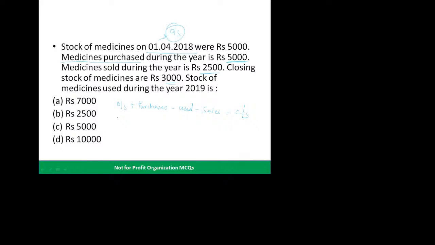The opening stock is 5,000 plus 5,000, minus the value of use, which we don't know, let us take it as X, minus sales 2,500, is equal to closing stock, 3,000. Now find the value of X.